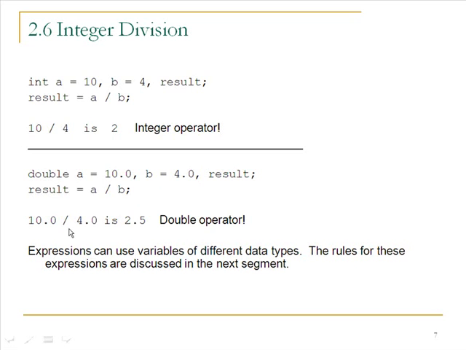So 10.0 divided by 4.0 is 2.5 this time. So the data type of the operands is deciding the data type of the operator. In this example, we say that this is a double operator, and double arithmetic functions quite differently than integer arithmetic for the divide operator.